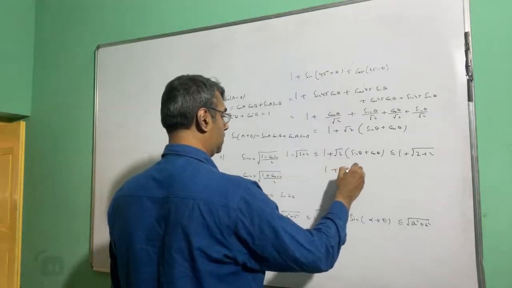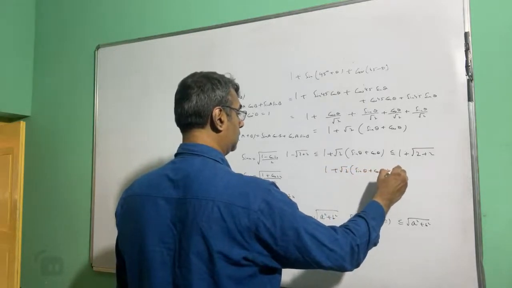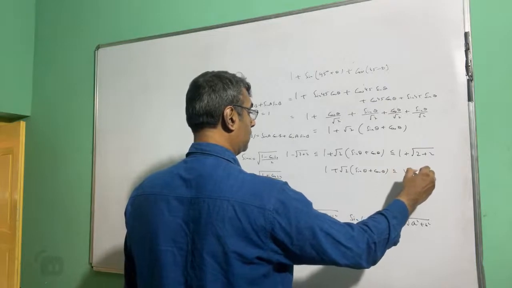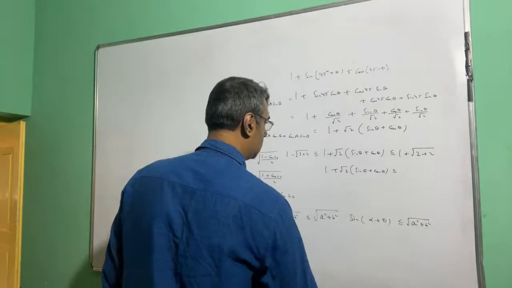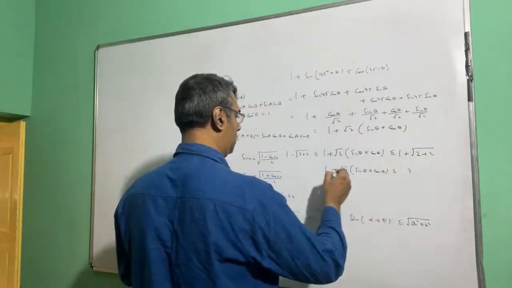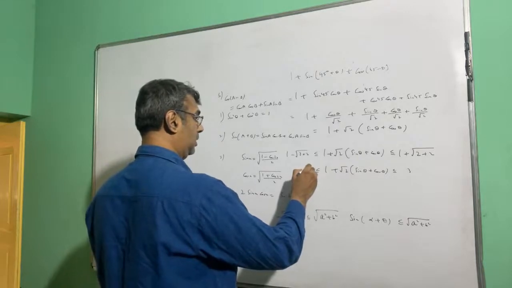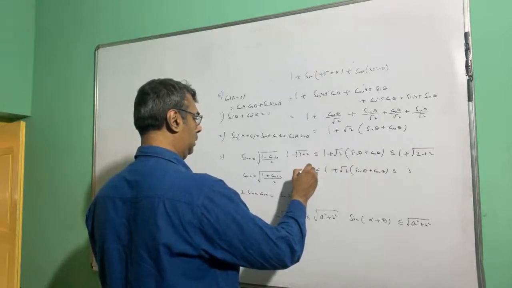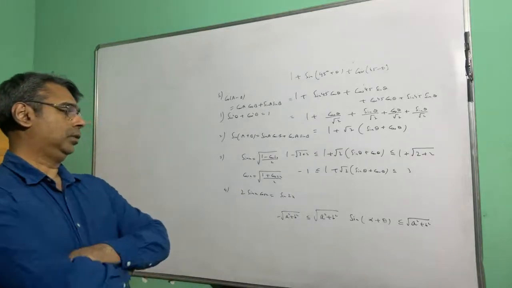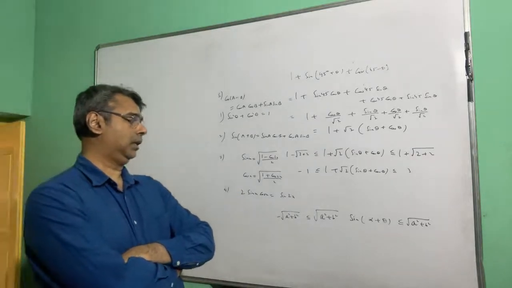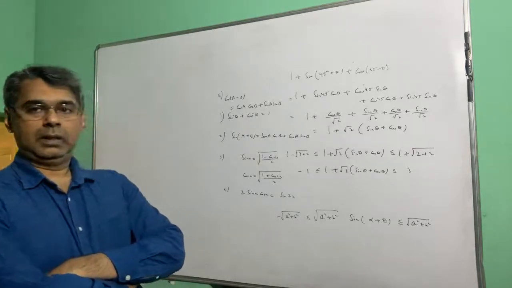So 1 plus, so you know that root 4 is 2, so less than or equal to 3, and this will be minus 1. So this will be the final answer of this particular question. Maximum value 3, minimum minus 1. Okay, this is the answer.